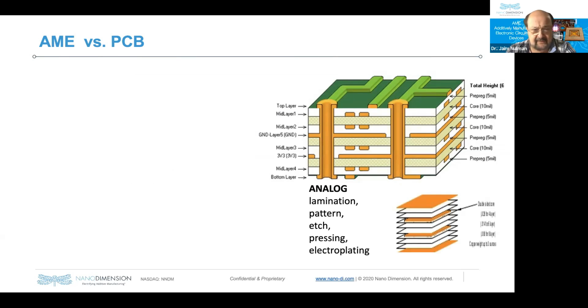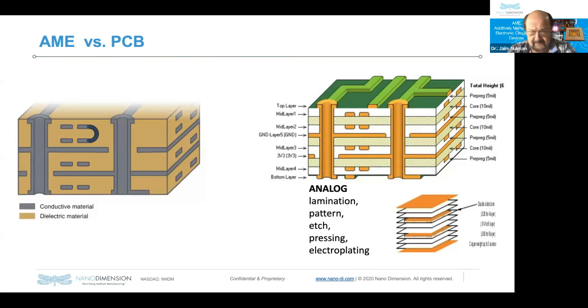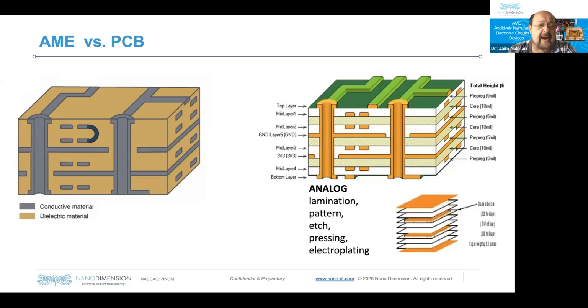And AME, in contrast, is a single body built from the bottom up with a single dielectric body continuously, and the traces of the metal in between. And if you desire, you can have all the vias filled up by the same process. It's a digital process. There is no lamination, no patterning, and electroplating could be optional, depending on what the customer is trying to do.